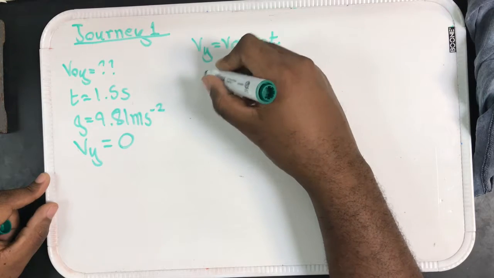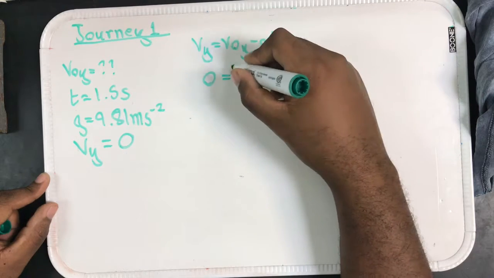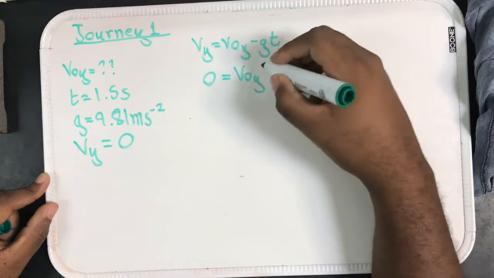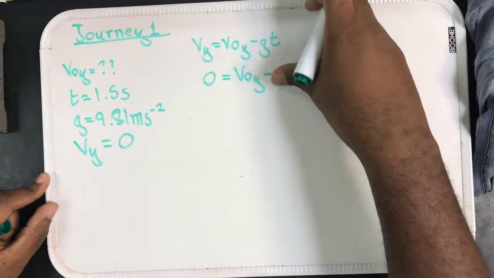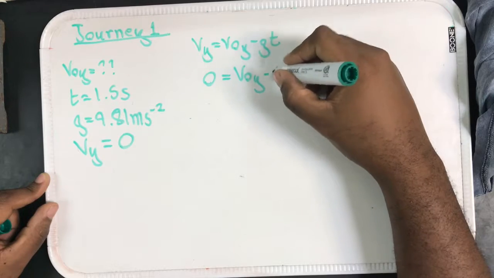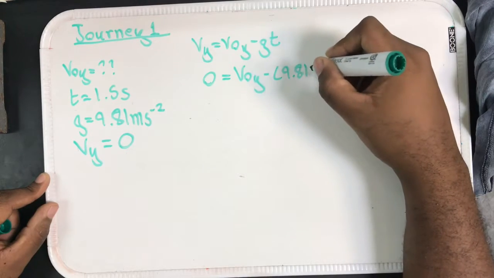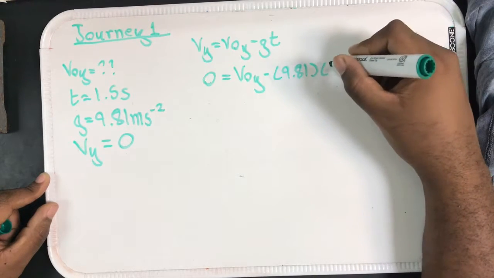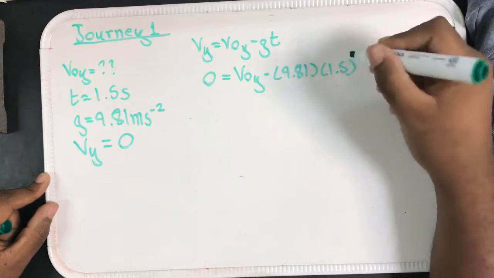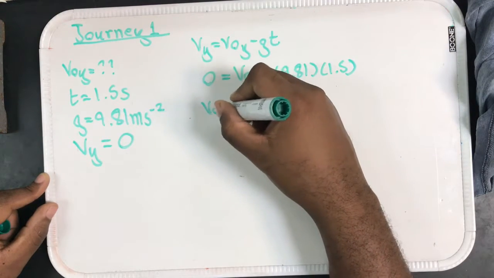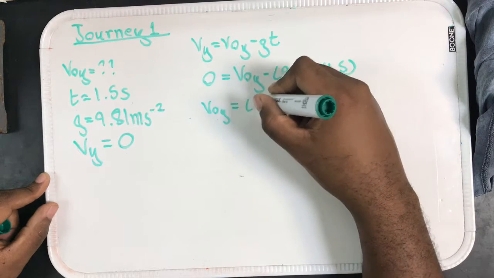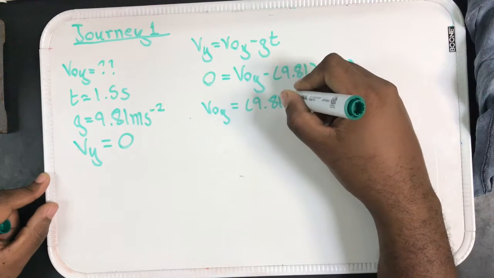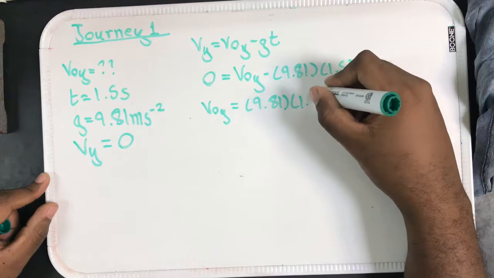And simply substituting things in, we get 0 is equal to v naught y minus, put brackets there, 9.81 times 1.5. So v naught y is equal to 9.81 times 1.5.